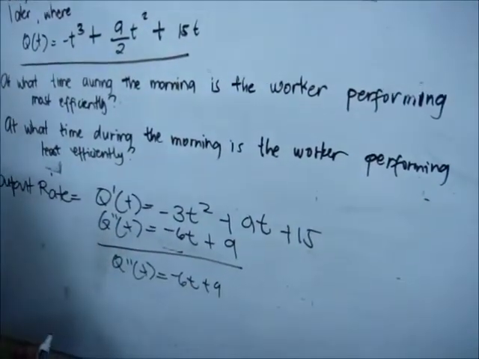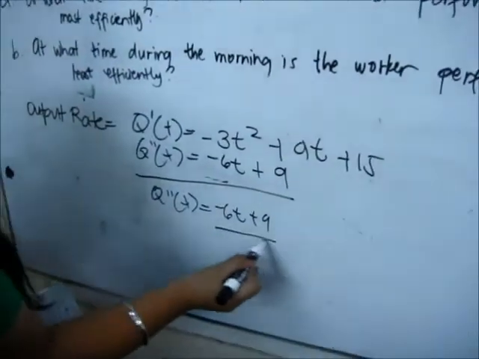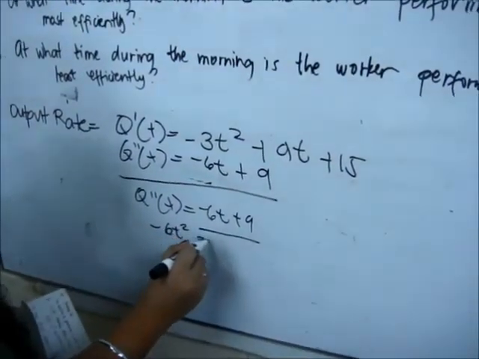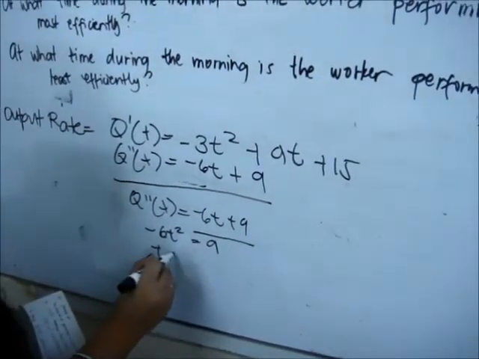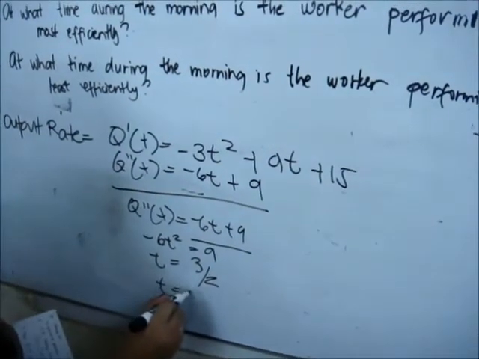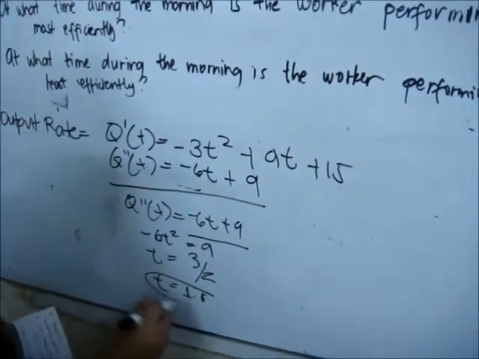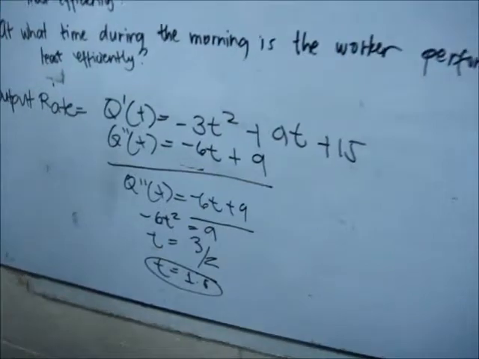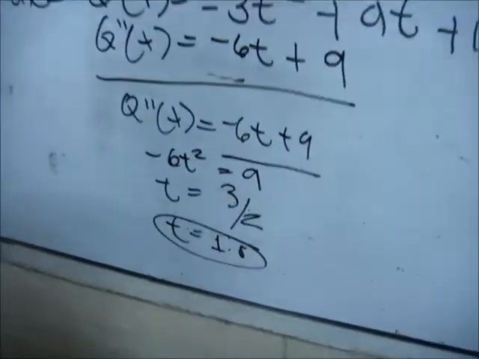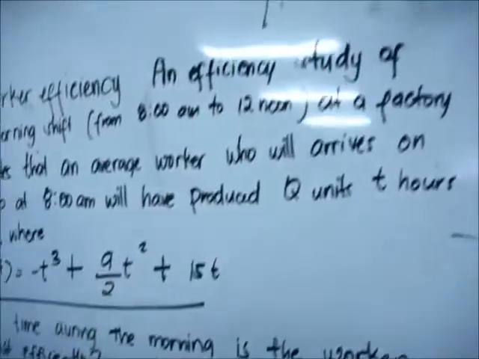After getting the second derivative, we must get the critical numbers. Setting negative 6T plus 9 equal to zero, negative 6T equals negative 9, T is equal to 3 over 2, which is T equals 1.5. According to the problem, the morning shift is from 8 a.m. to 12 noon.